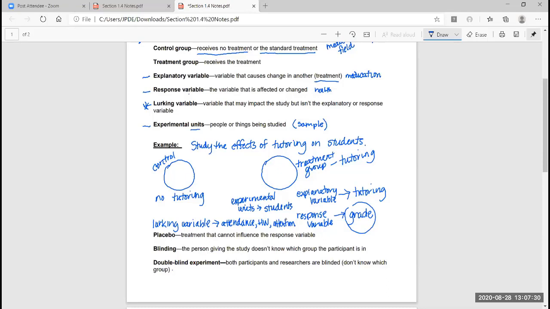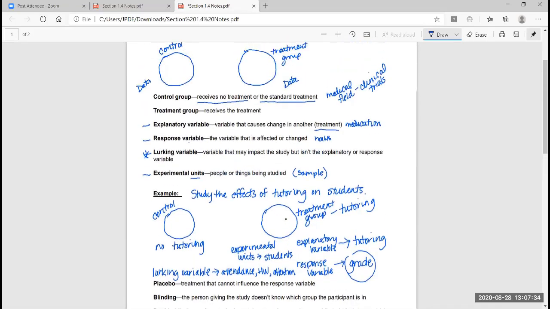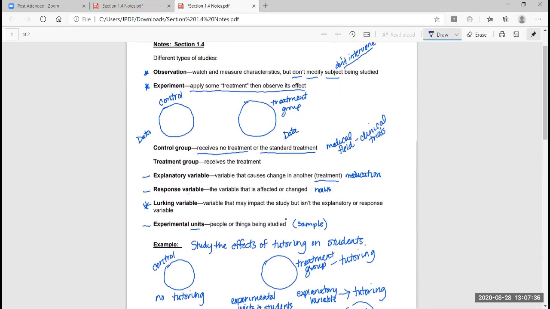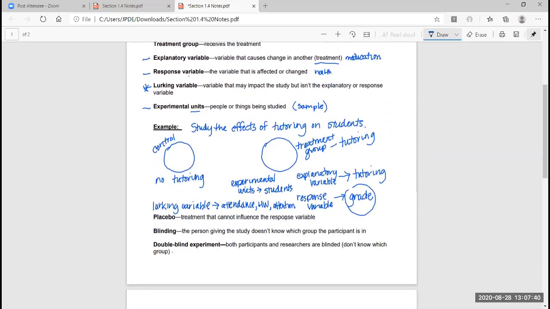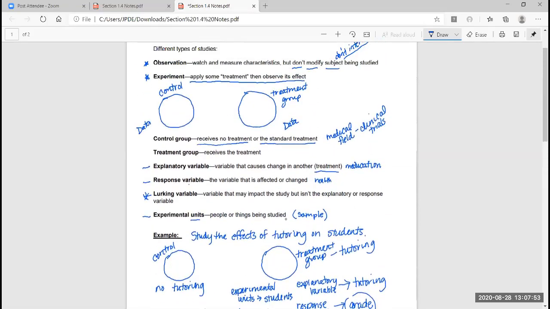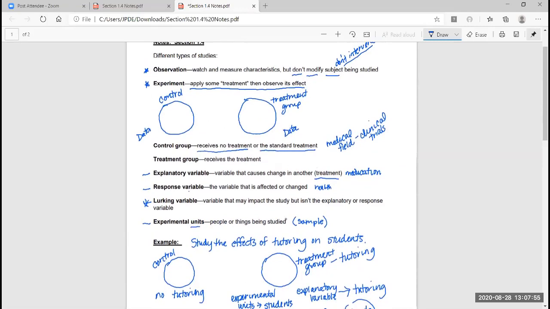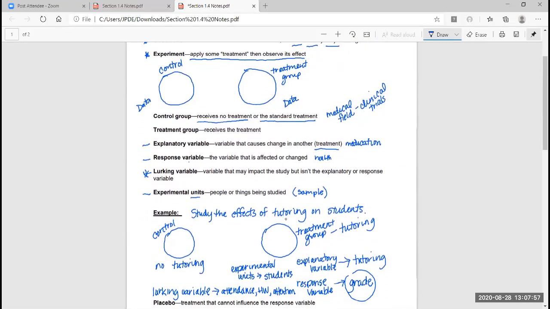Okay. So right now, being able to recognize, if we go back here, was this an observation or an experiment? We can see this was an experiment because we were intervening with the subjects. We had a treatment. If we were doing observation, we would just observe. We wouldn't intervene with the subjects at all. The control group was the group that got no tutoring.